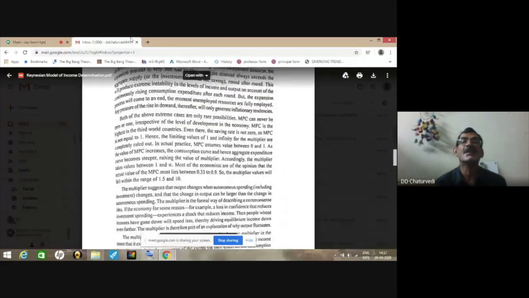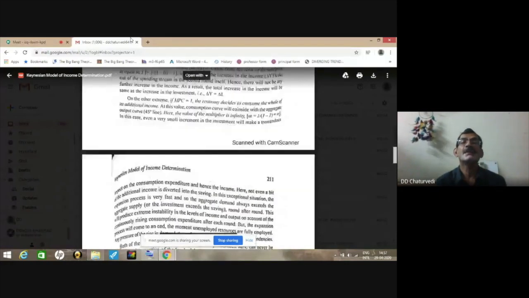This is something I explained a few minutes back through equation number 11.15, wherein delta Y upon delta A bar is equal to alpha, which is equal to 1 upon 1 minus C.